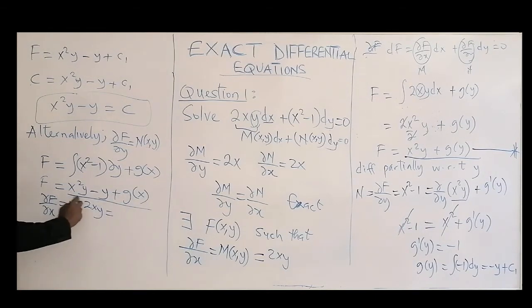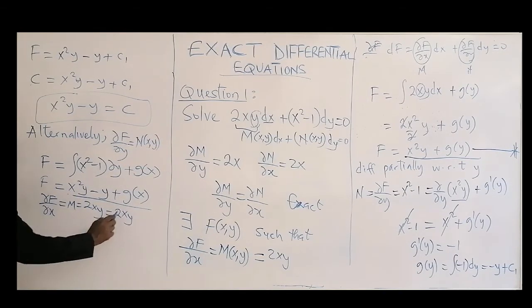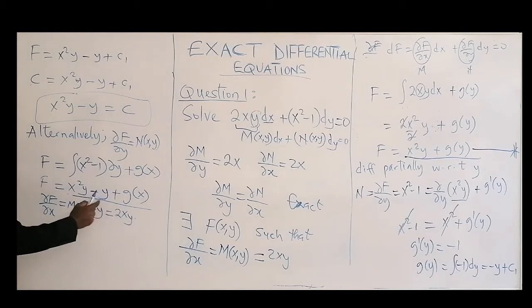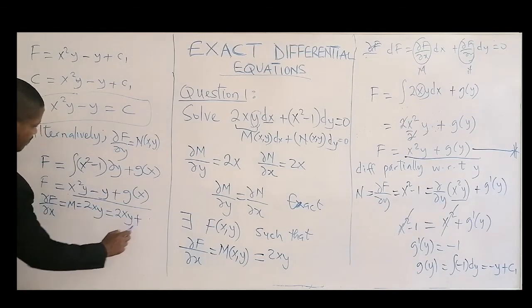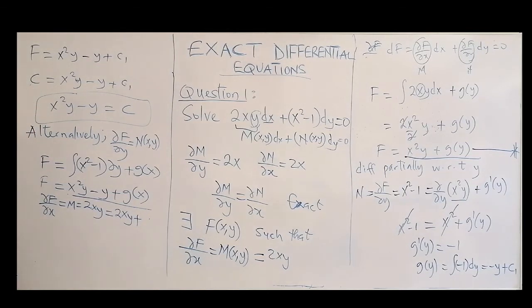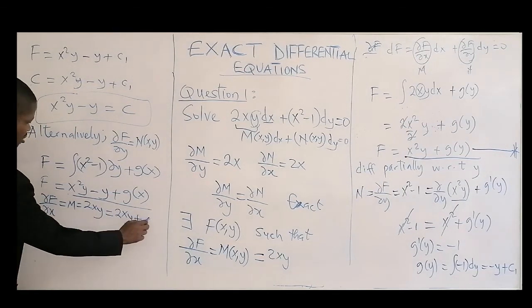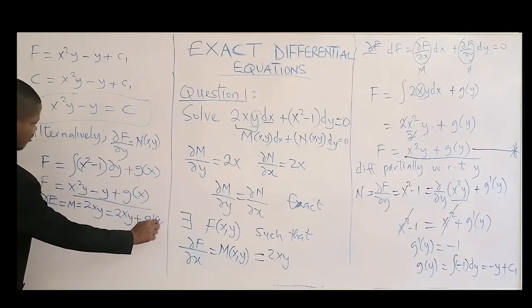This will be c times, and we're only differentiating x squared, and that will be 2xy. Okay, then minus 1. If you differentiate this with respect to x, there is no x here, so it's going to be cancelled. So we just have plus g prime of x.